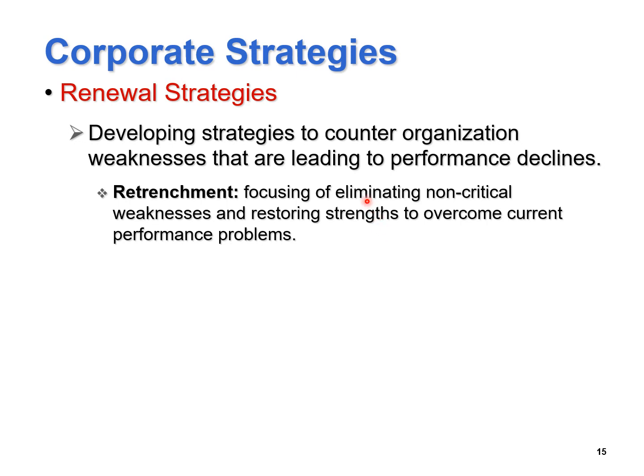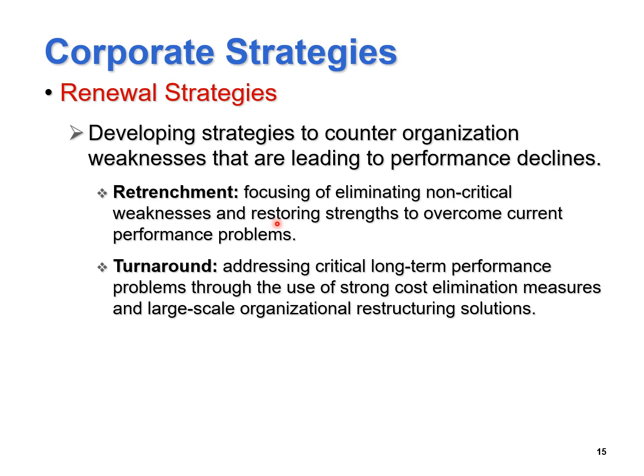You look at this, it eliminates non-critical weaknesses. It means the organization is not going to have critical weaknesses. And by eliminating such weaknesses, the organization is trying to restore the strength and overcome the current performance problems.